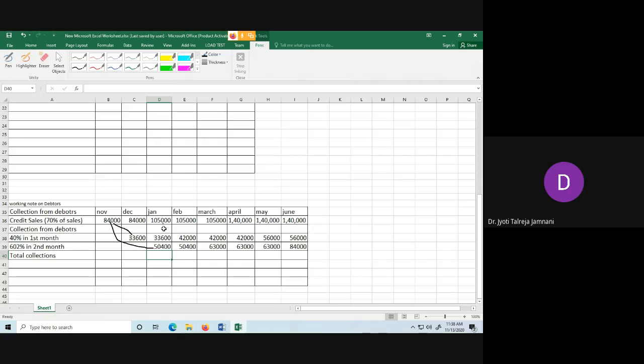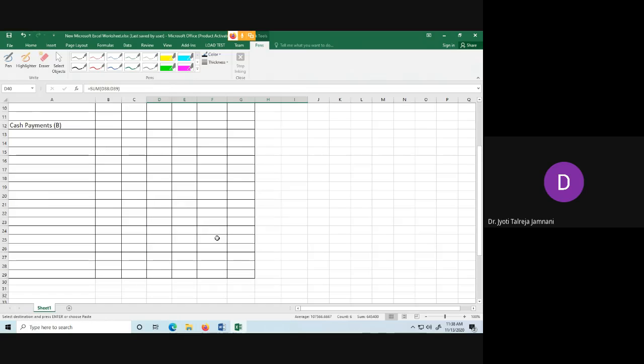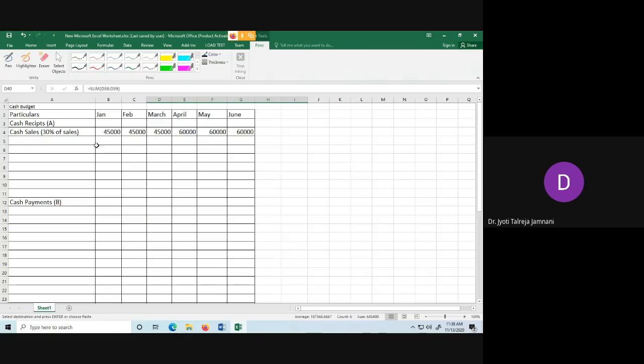We are just adding the collections, remember, not the credit sales. Only these two, 40 and 60, how we are going to receive is what we have to add. Once you have added it, we will take the same in the cash budget as collection from debtors.